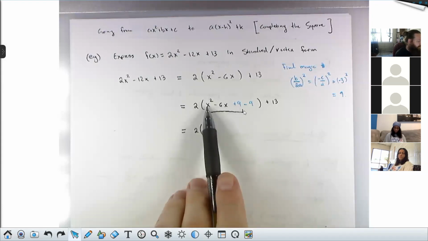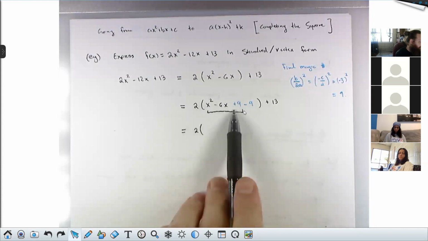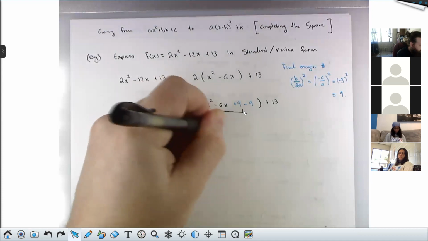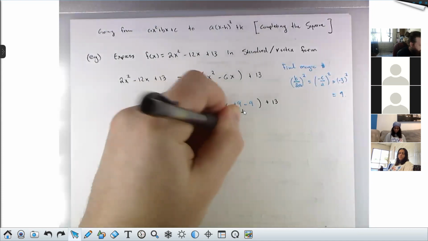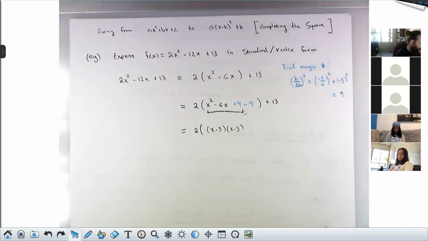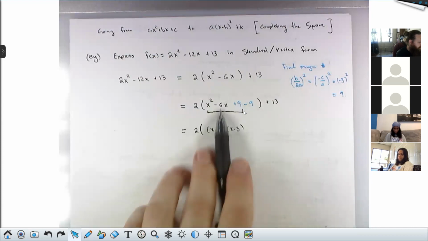So you multiply this 1 and this 9, and you say, okay, I need two numbers that multiply to 9 and add up to -6. Those two numbers are -3 and -3, because -3 times -3 is 9, and -3 plus -3 is -6.